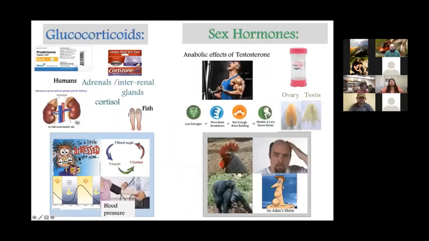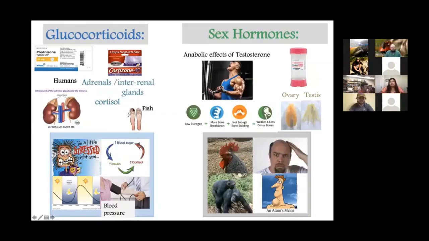So the two classes of steroid hormones that we're most interested in are glucocorticoids and sex hormones. Glucocorticoids, you could have purchased over the counter, like cortisone cream. If you have a cut or some kind of inflammation, it's a topical ointment, and it's released by the adrenal glands.